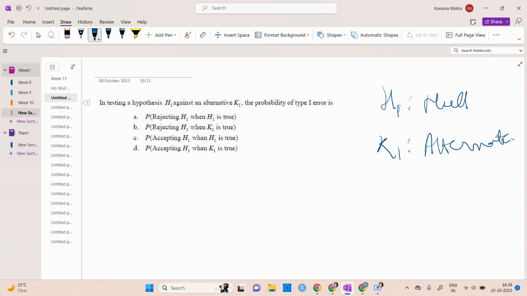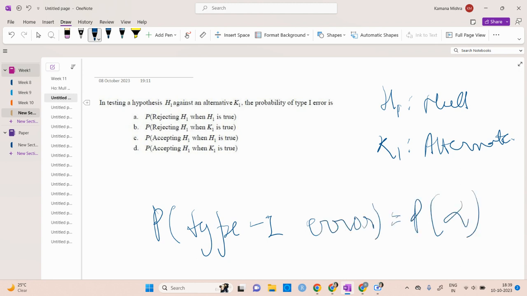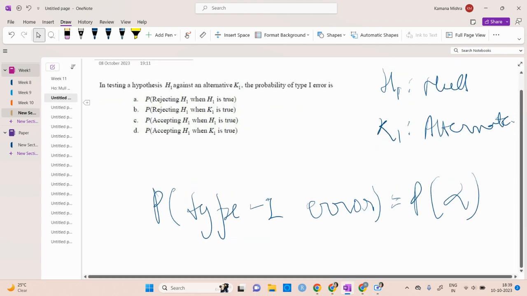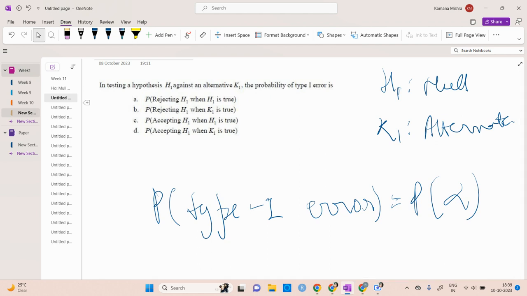So now, probability of type 1 error. What was type 1 error? That was alpha, right? So alpha means we reject the null hypothesis when it was true. So this will be the answer: reject the null hypothesis when the null hypothesis was true.